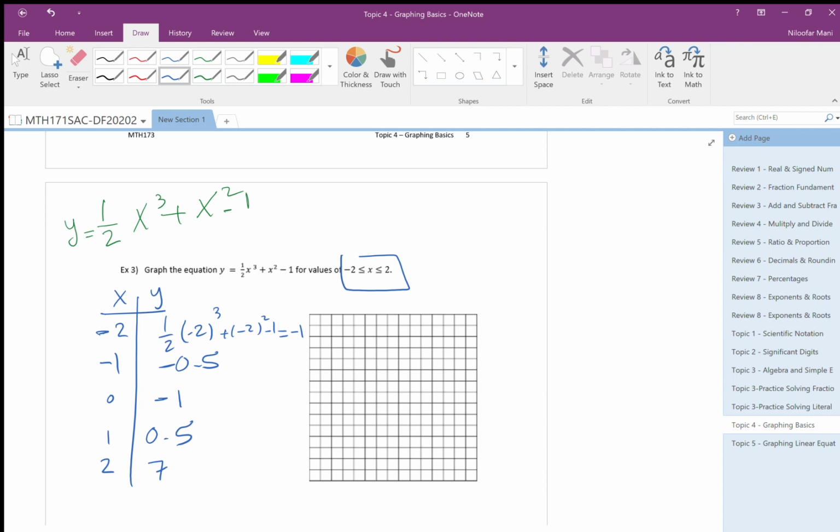So maybe I can do this one here, in the middle, for example. I try my best to do it correctly. Sometimes it's very hard.